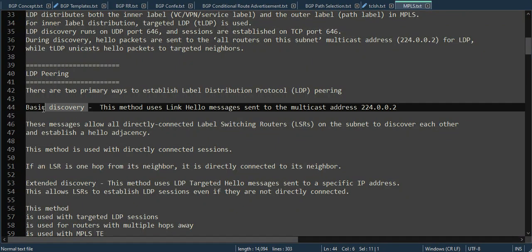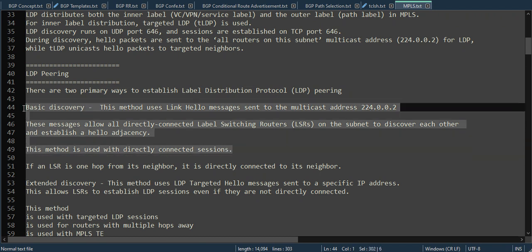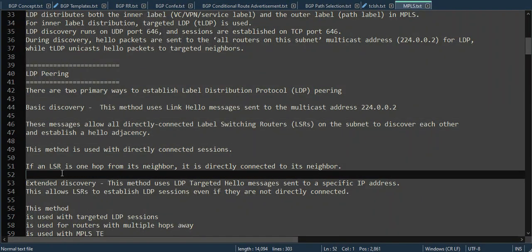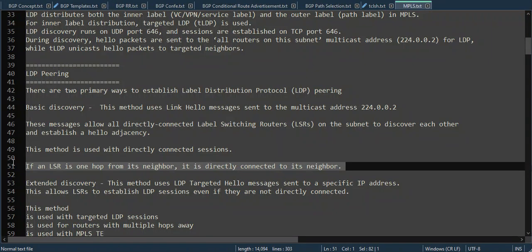This basic discovery method is used with directly connected sessions. If an LSR, or P or provider router, is one hop from its neighbor, it is directly connected to this neighbor. This is one hop away from its neighbor.